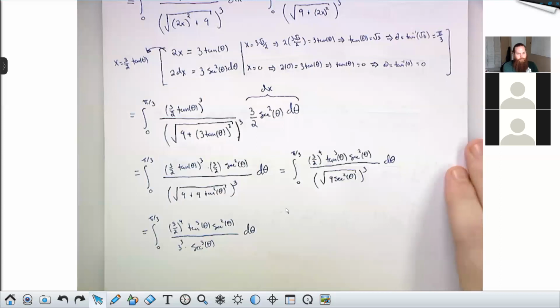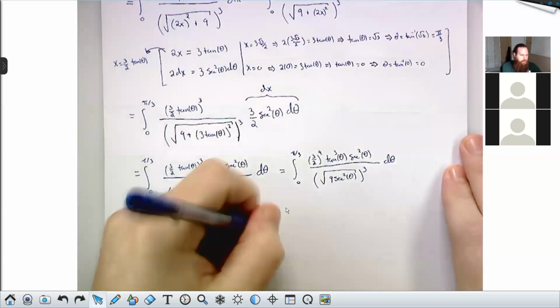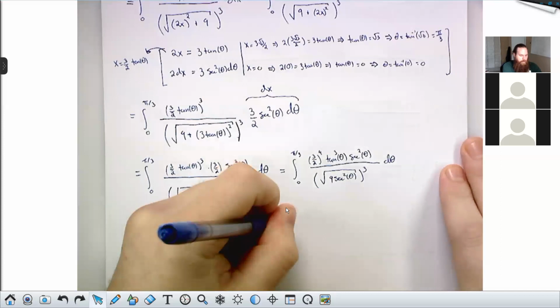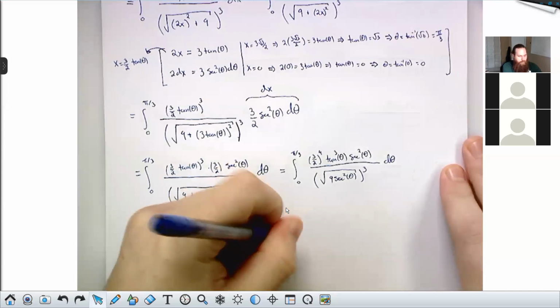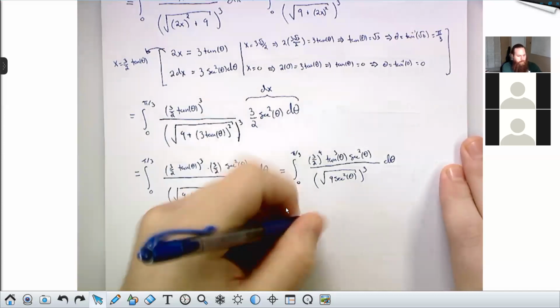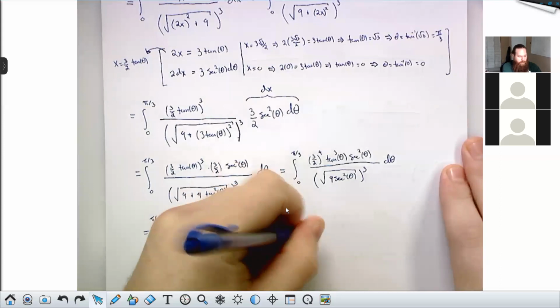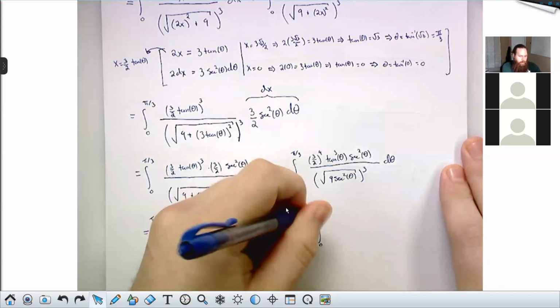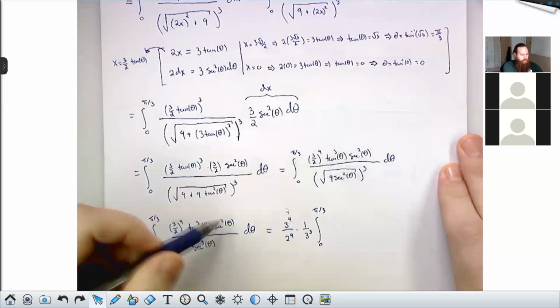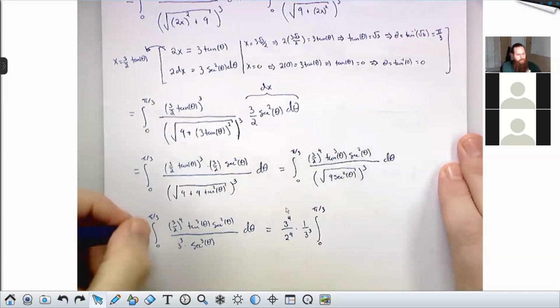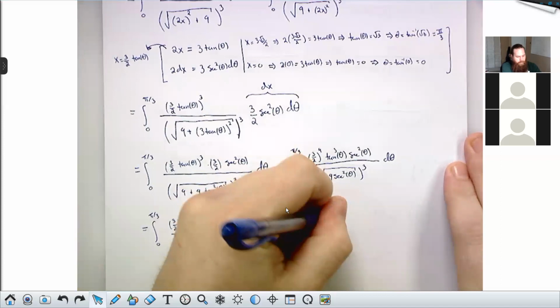Okay. So now I'll shuffle my constants outside. I've got 3 to the 4 over 2 to the 4 times 1 over 3 cubed. Integral 0 to pi over 3. 2 secants upstairs, 3 secants downstairs, so tan cubed over secant.